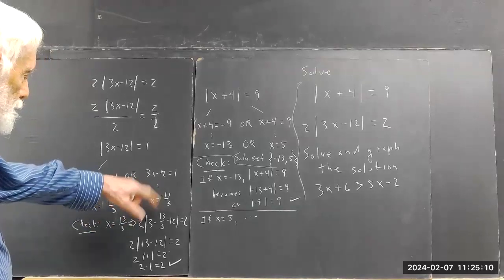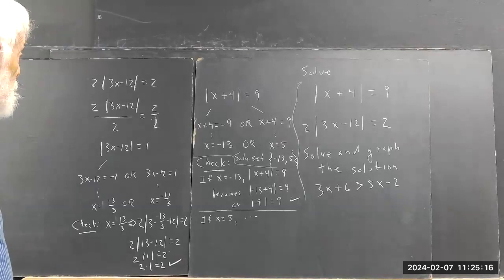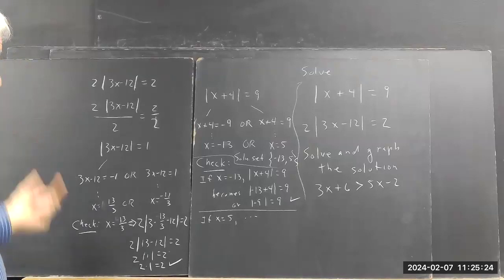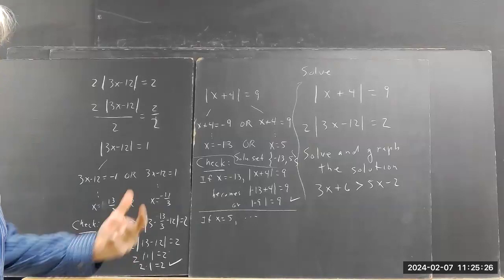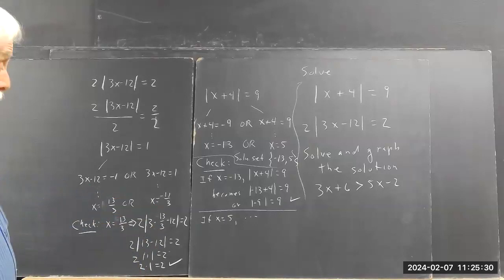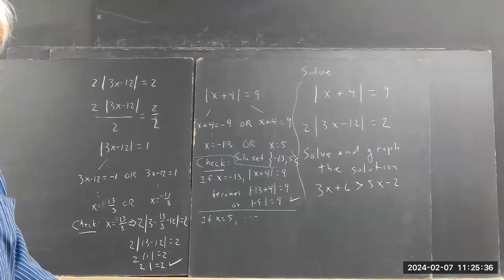Now, if you got the -11/3, you also need to check that, okay? But there it is. All right. So you see, just from the fact that I did something in my head and looked at it, must have been cross-eyed, got the wrong signs, you know, right? And that happened because I didn't do the intermediate steps. If I had carefully done the intermediate steps, I wouldn't have made the mistake.